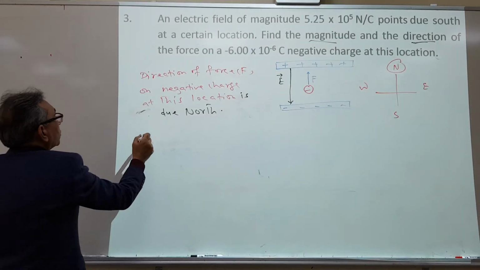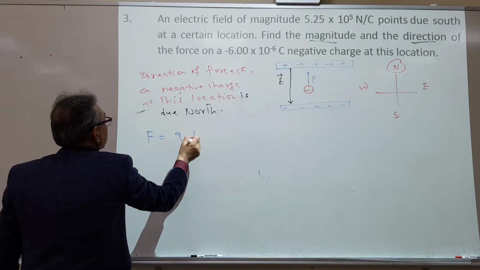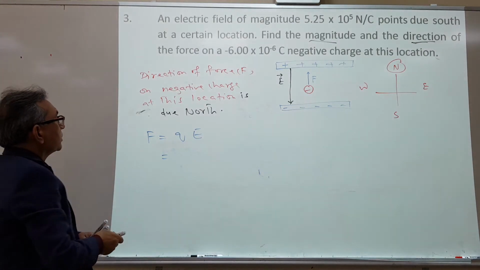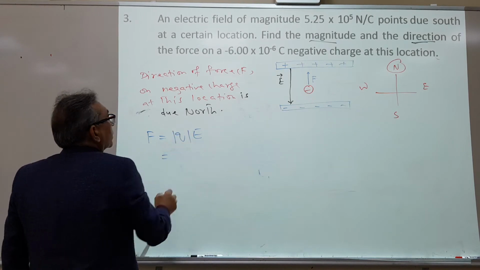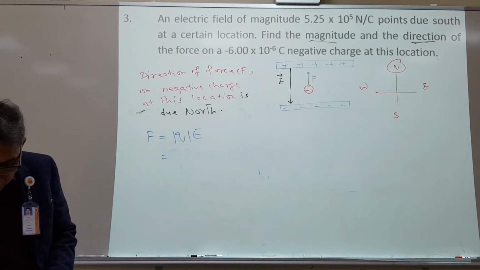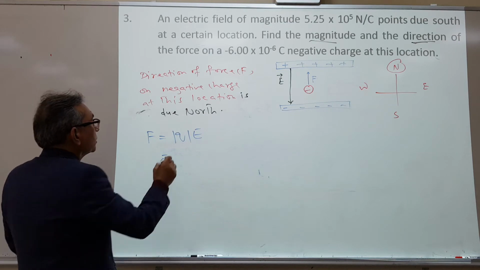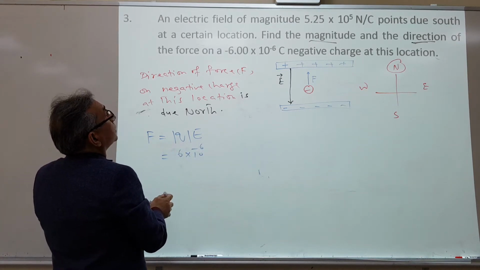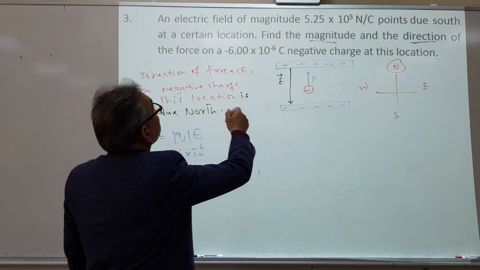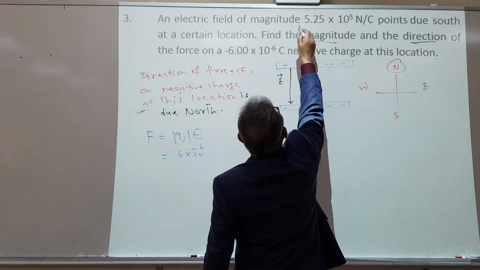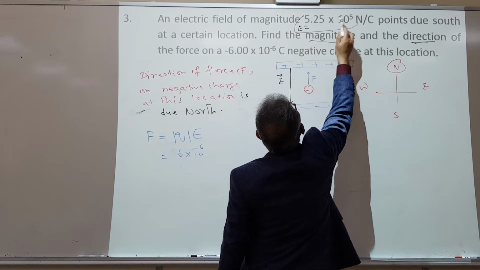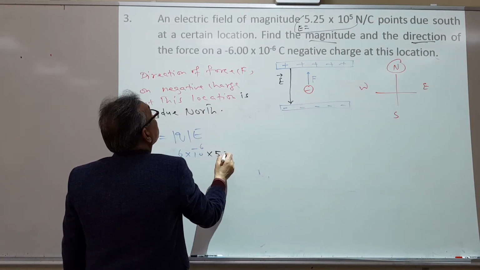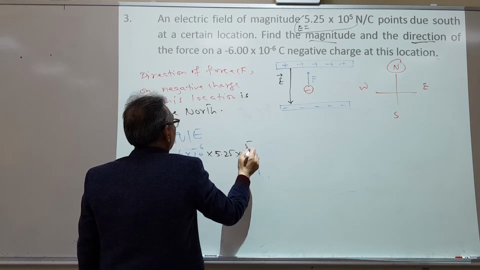Magnitude of force is calculated by this rule. Keep in mind this is the magnitude. So what is the magnitude of the charge? It is 6 times 10 raised to power minus 6. And magnitude of electric field, this is your electric field strength, 5.25 times 10 raised to power 5.